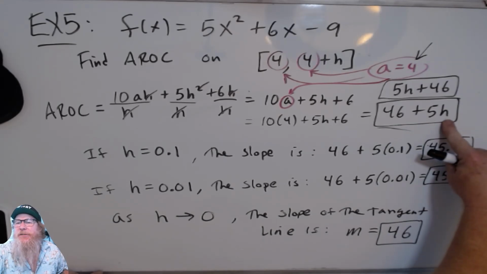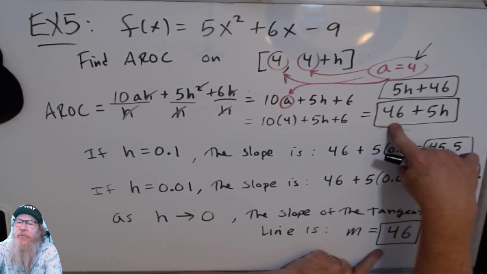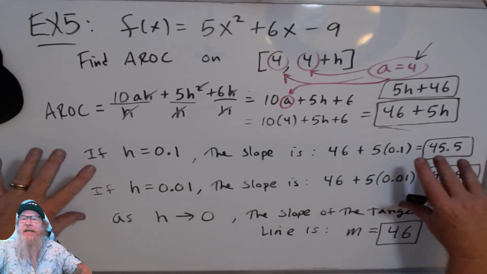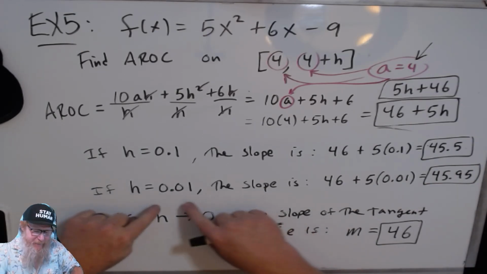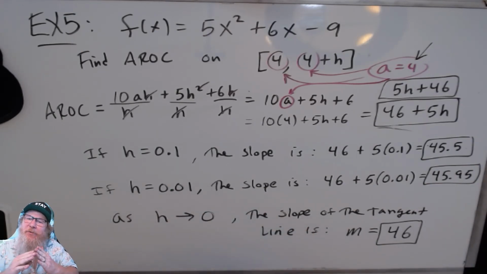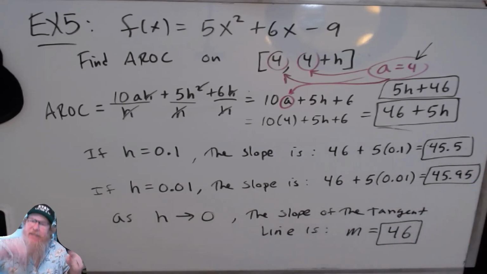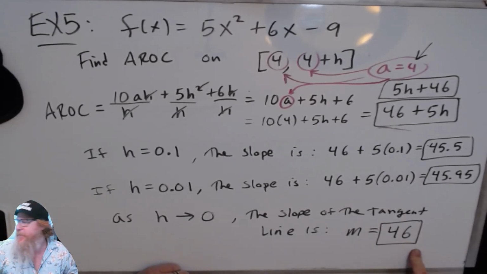As h approaches 0, this term is going to get smaller and smaller and smaller, and your slope is just going to become 46, which means I'm never really going to need to do this ever again. But since I've done it so many times already, I just wanted to show you one last time how plugging in very, very small numbers gives you a sequence of values, just like those lines that I drew, that are getting closer and closer and closer to this value.